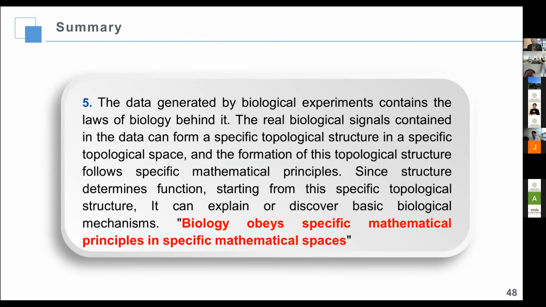The last point is some consideration that can tell us what basic mathematical rules we can use in dealing with biological data to have some interesting discoveries related to biological function.